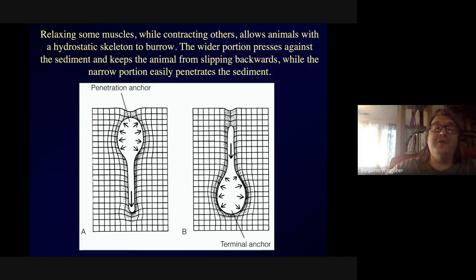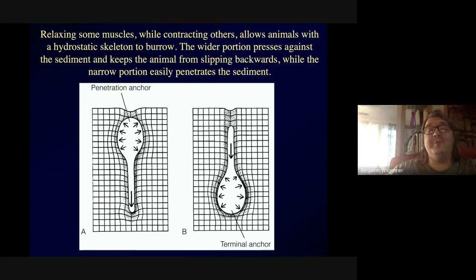And then if you reverse that and relax the circular muscles, the head end will swell, and that holds the head end of the worm in place, while contraction of the longitudinal muscles will pull the tail end of the worm forward.